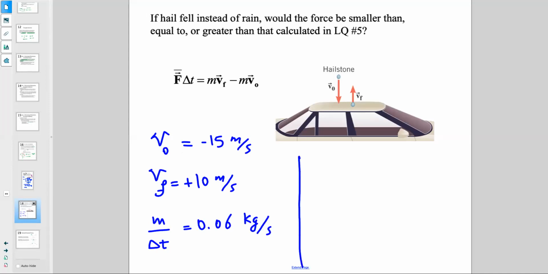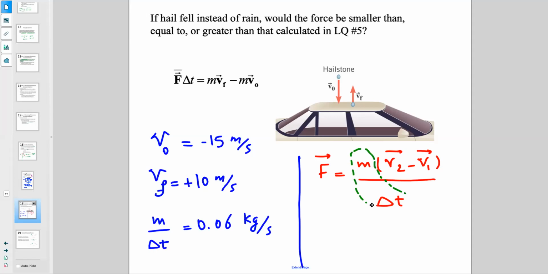So F is m (v2 minus v1) over delta t, just like the same problem that we had in the last slide. And this quantity is given. This quantity is 0.06 kilograms per second. Let's say the same rain just turned to be hail.